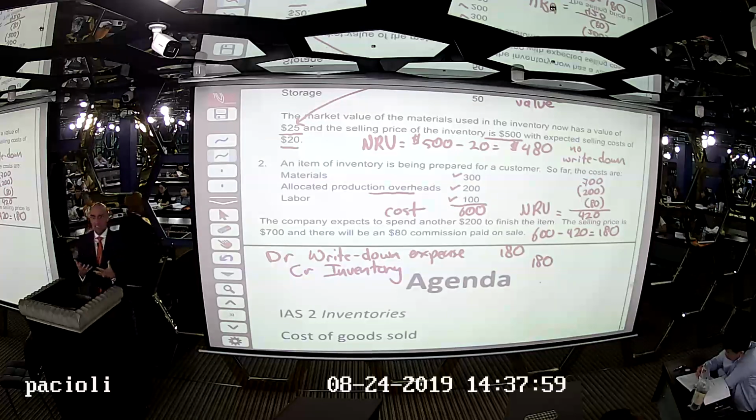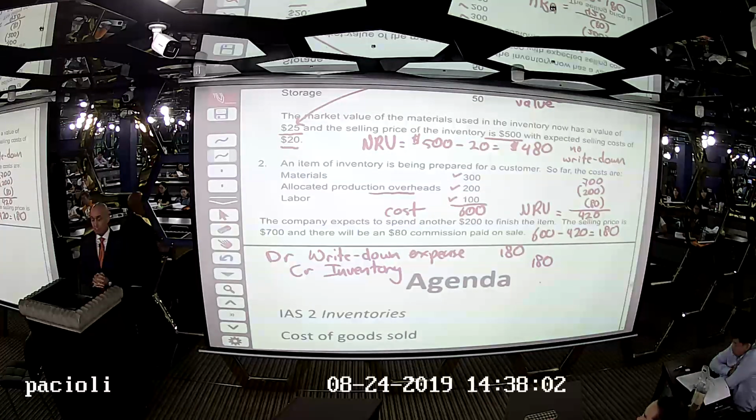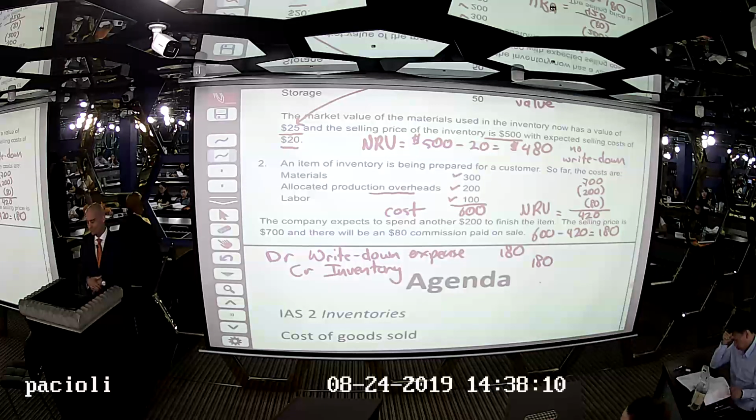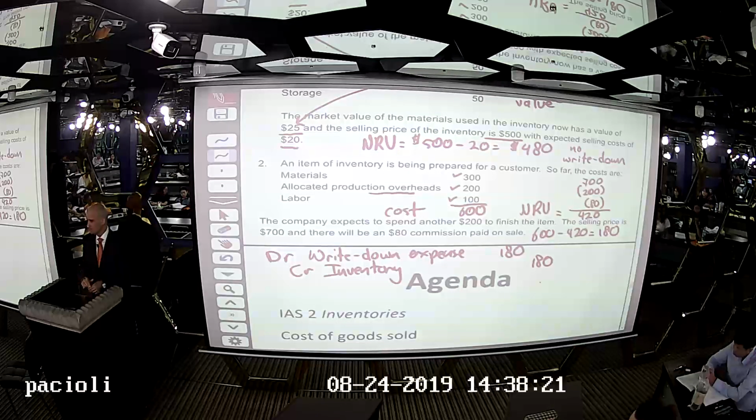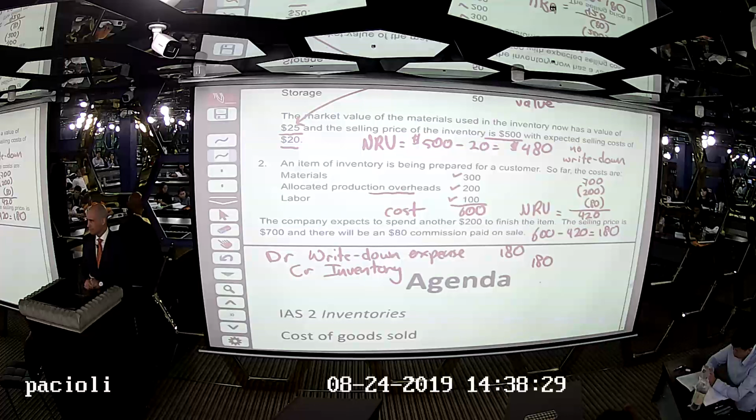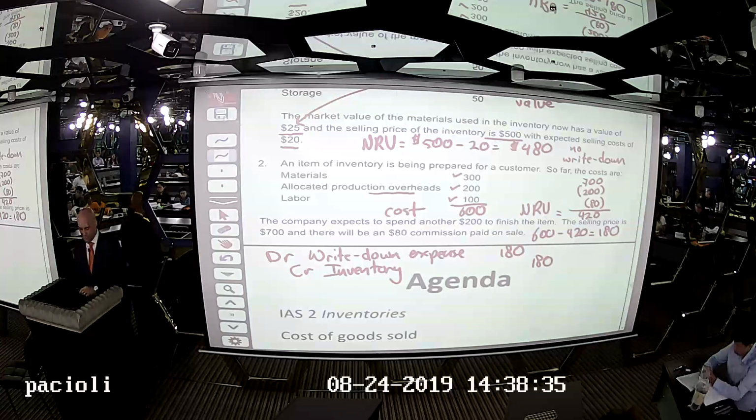So loss is an expense, and expense is a debit. So debit expense, credit inventory. Okay, let's take a break, and after the break, we're going to do some exam questions and practice.